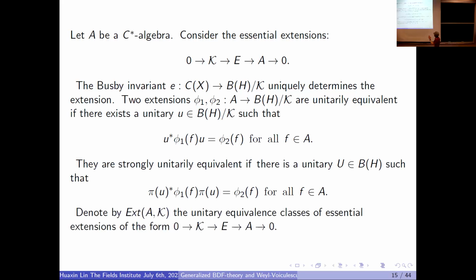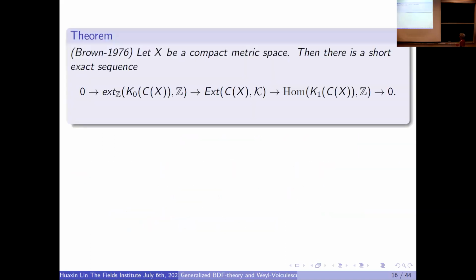Let me temporarily use this Ext group. It is the unitary equivalence class of essential extensions of this form. This is something I want to just mention because we will come back to this.